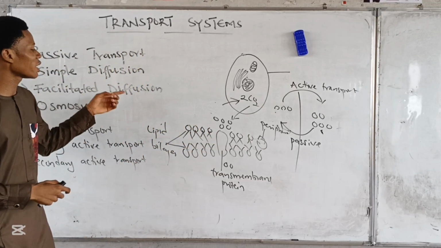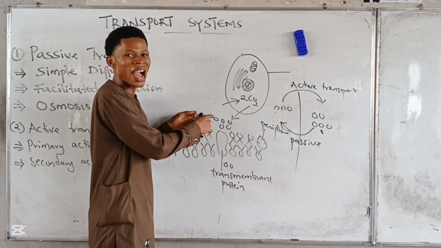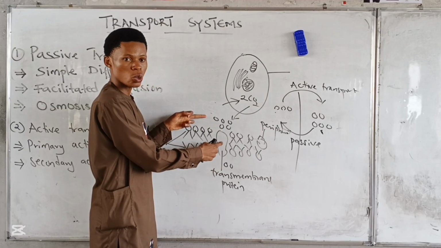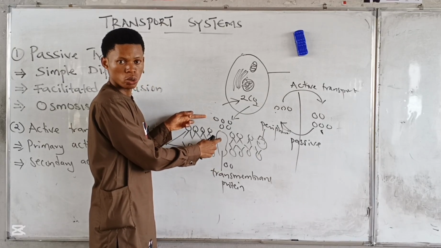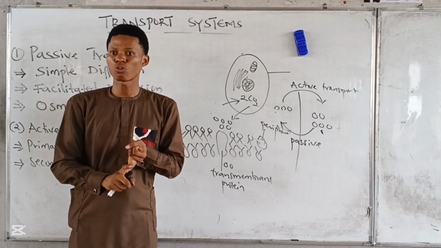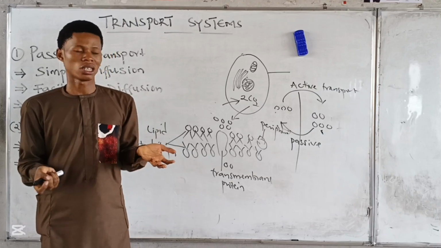Yes. But facilitated diffusion is movement of molecules from high concentration to low concentration through a transport protein. Through a transmembrane protein. You can call it transmembrane protein, transport protein, integral protein, carrier protein, any of such.